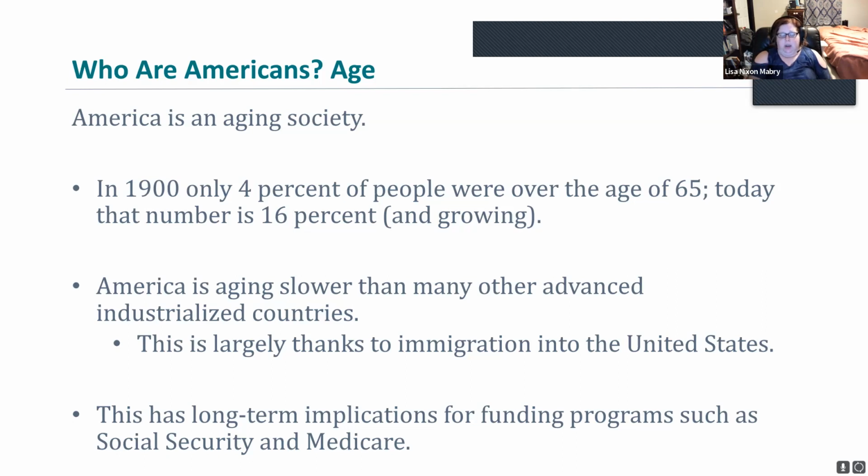But barring unforeseen health issues or some kind of crazy freak accident like that happening, people are just living longer, and our aging is much slower than a lot of other advanced industrialized countries, and some of that's due to immigration and blending of genetics, really, right?